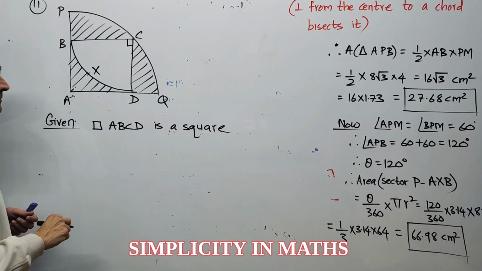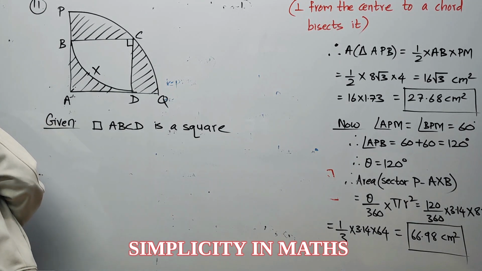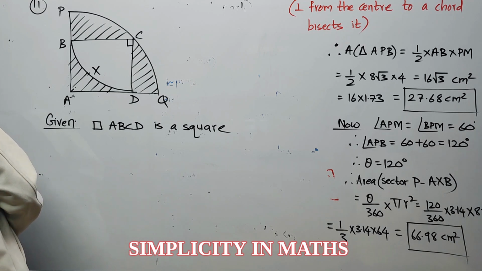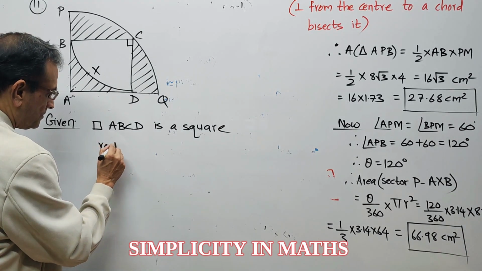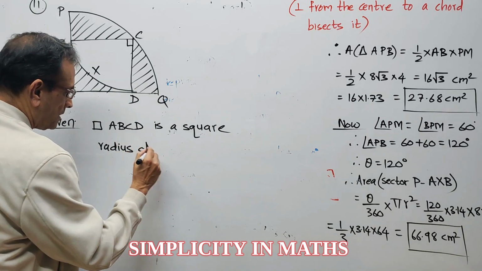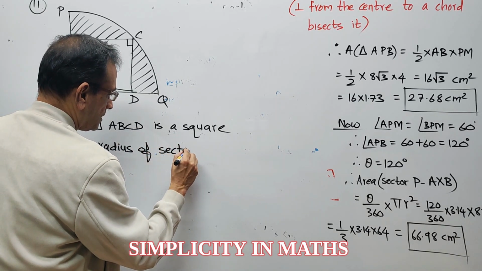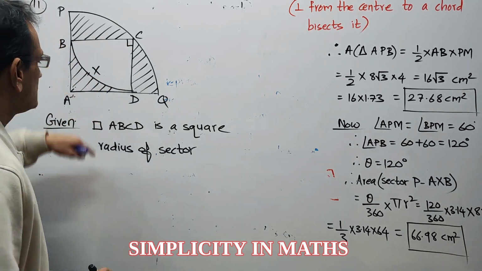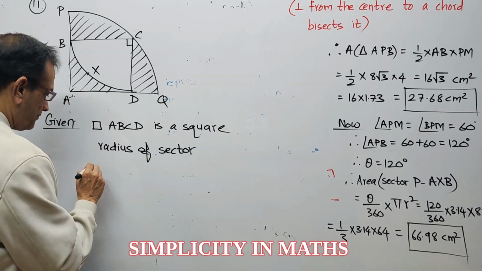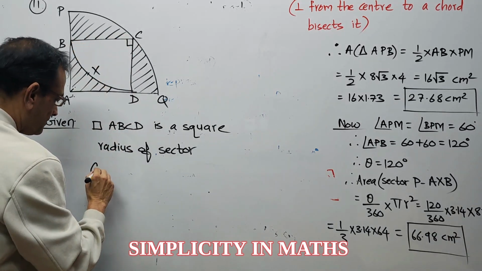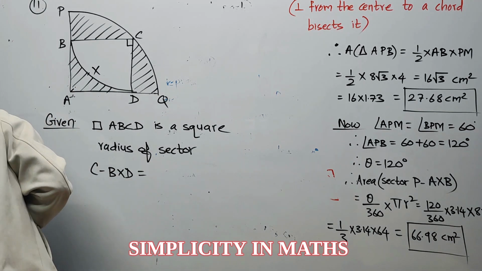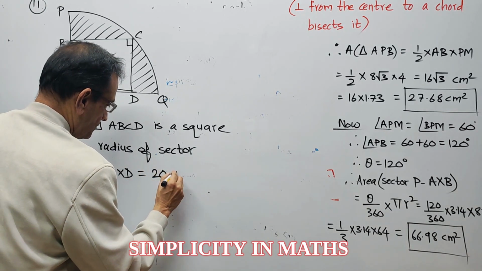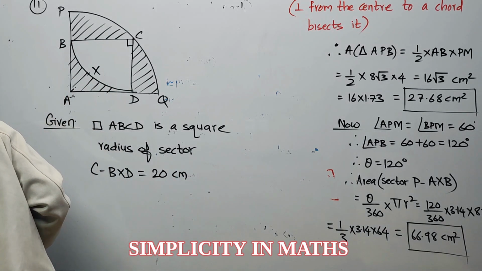Quadrilateral ABCD is a square. Radius of sector C dash BXD equal to 20 centimeters.